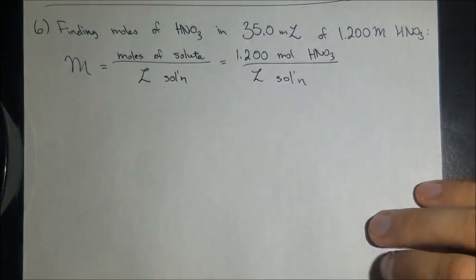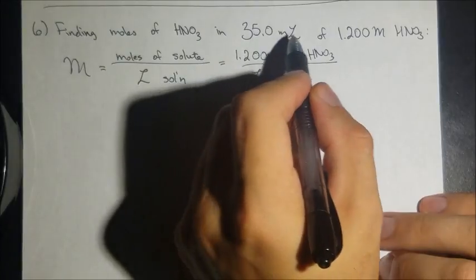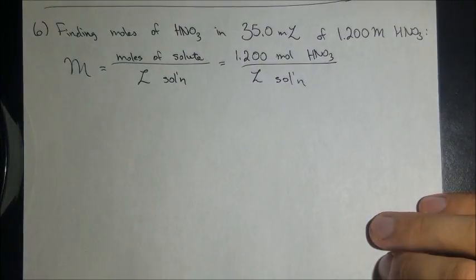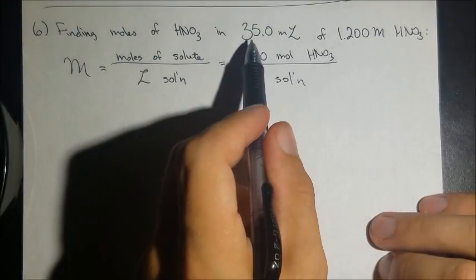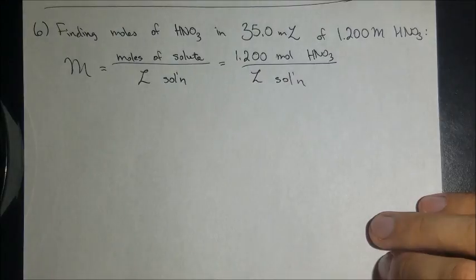Okay, so when I have a liter, I have 1.2 moles of nitric acid. Great, except I don't have a liter of nitric acid. I only have 35 milliliters. So if I were to figure out some way to calculate the number of liters I have, then I could very easily figure out the moles I have just by using the molarity.